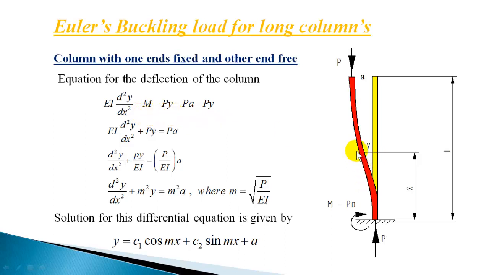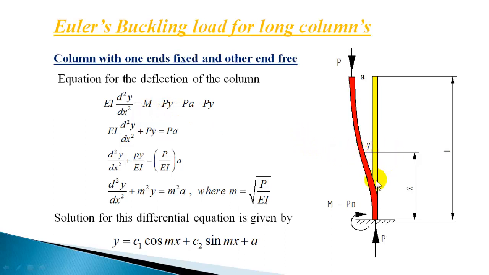Now the bending moment at this section: P is producing an anti-clockwise moment at this section. So P into y, but it is minus. So minus Py plus M, we get plus M minus Py.